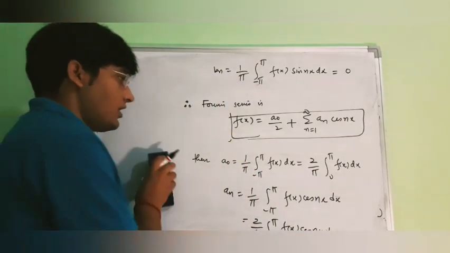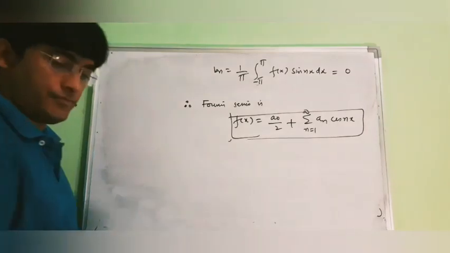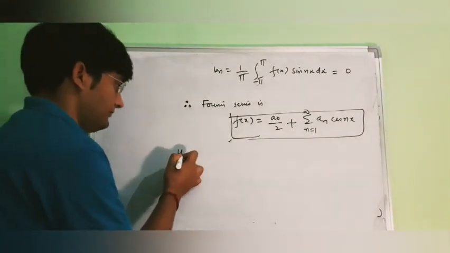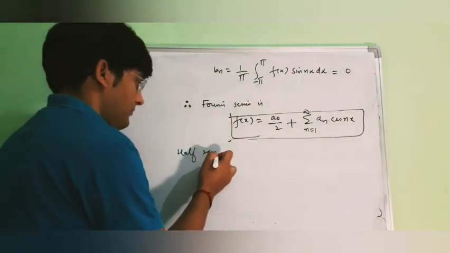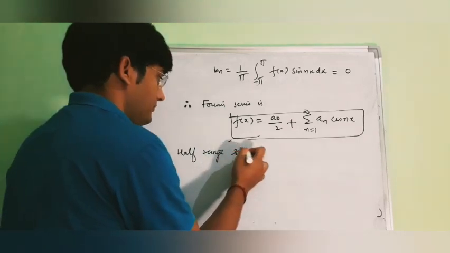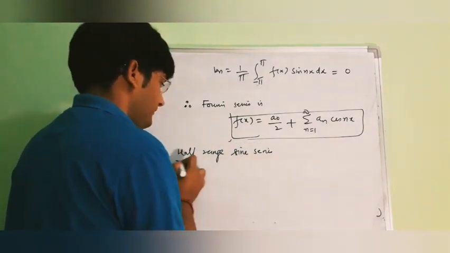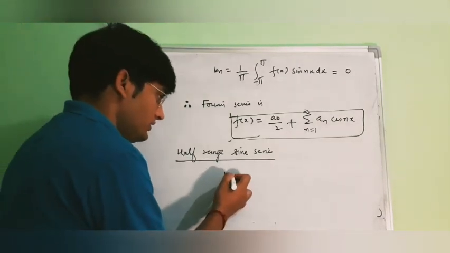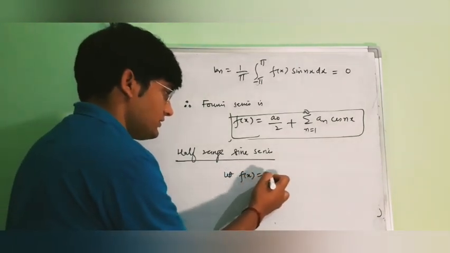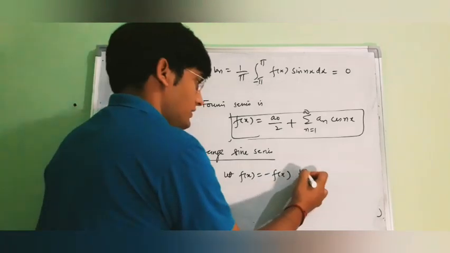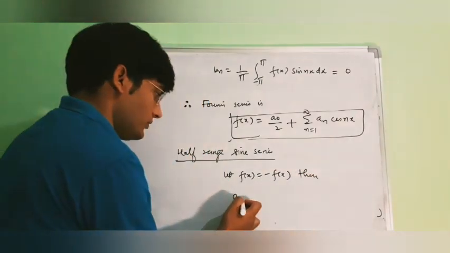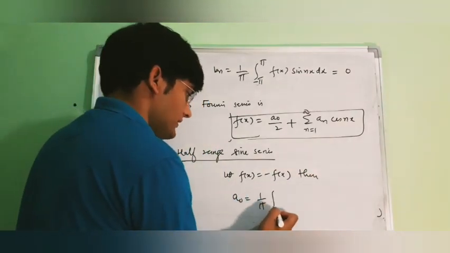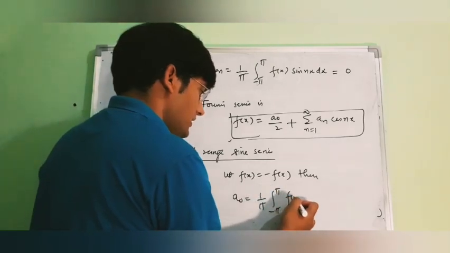Now let us define the half range sine series. Assuming that the function f(x) is odd, then our a0 will be 1 by pi integral from minus pi to pi f(x) dx.